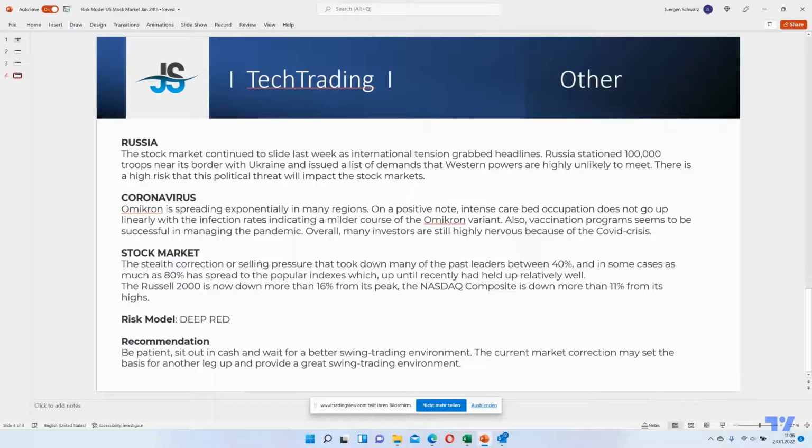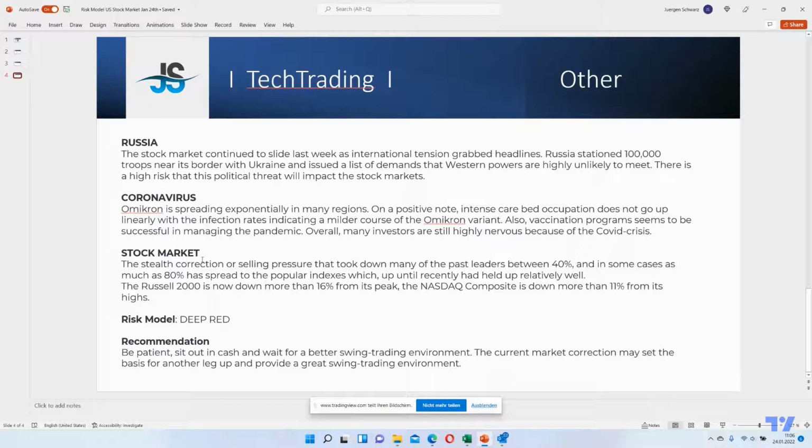Talked about the stock market when we looked at the big market indicators. So obviously we are in what we would call a stealth correction. Nobody knows if we have already reached the bottom or if it'll continue for quite some more time. In any case, we are in the middle of a market correction, as you can also see in the risk model rating.